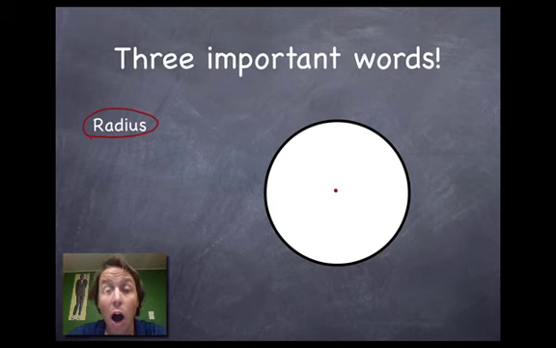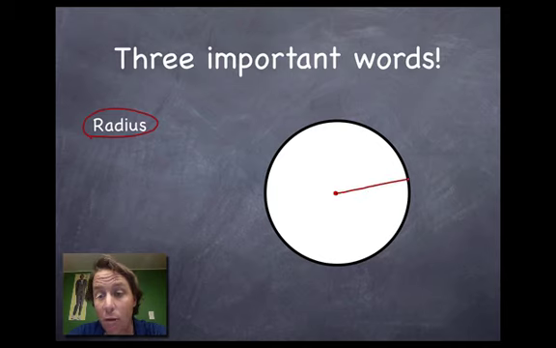So, the radius of a circle is the distance from the center point, or from the middle, to any single point on the outside of the circle. Okay? So if you have a ruler in your classroom and you want to measure this distance, go ahead. Depending on the size of your screen, it's going to be different.